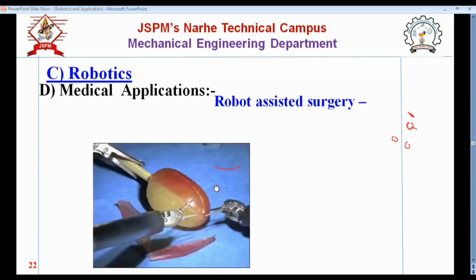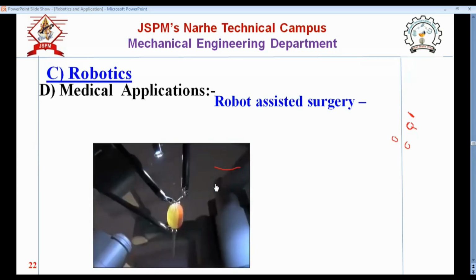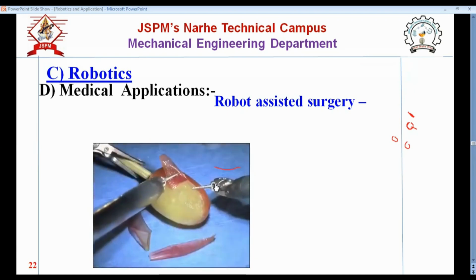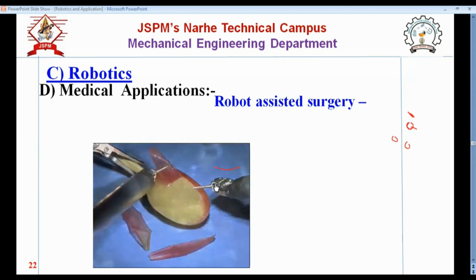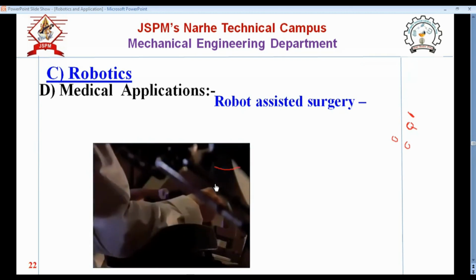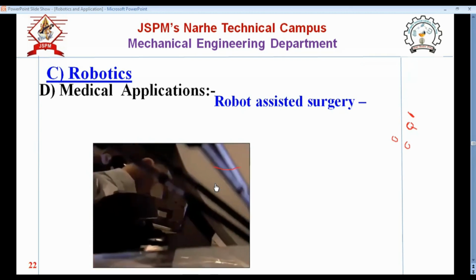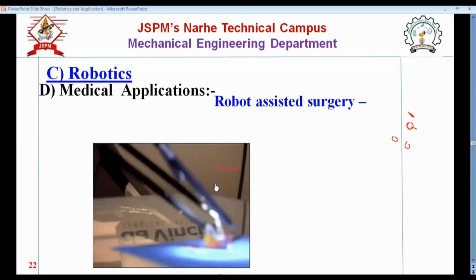The doctor is not directly seeing that. The doctor is seeing through the computer. So it is far away. The benefit of this is that the doctor can sit maybe in India and the surgery can be performed maybe in Africa. That is possible with robotic surgery. The doctor need not be there.